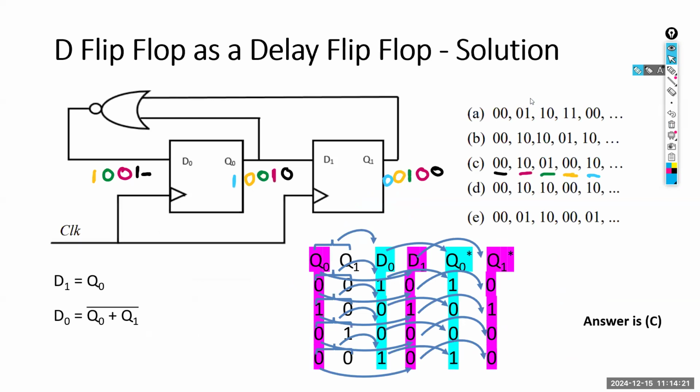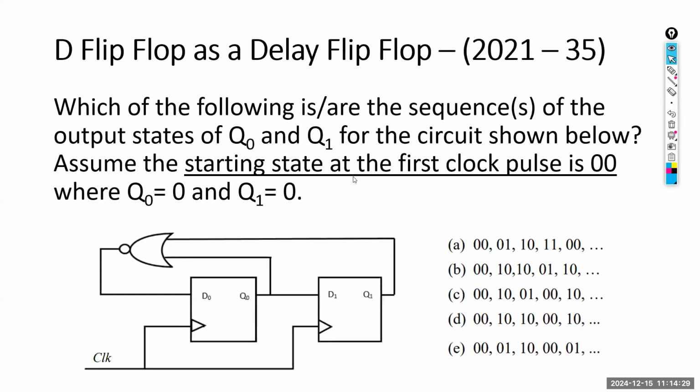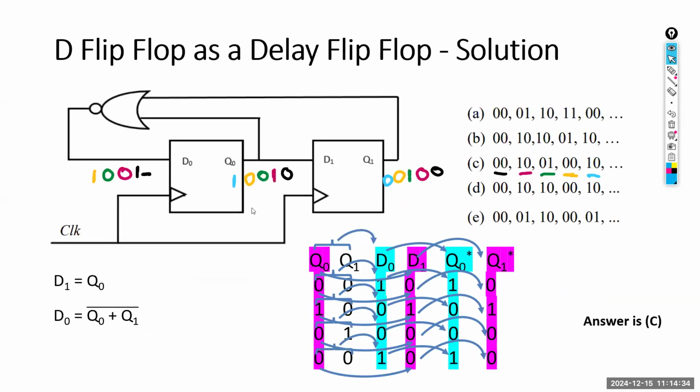So this is how you do it. You start with the given information, because the given information says Q0 is 0, Q1 is 0.